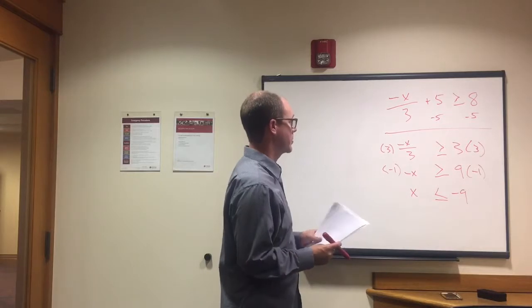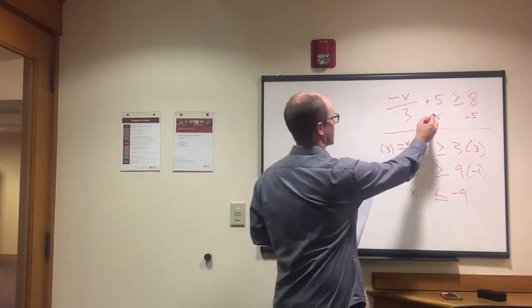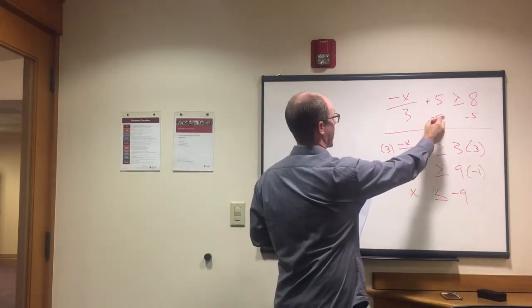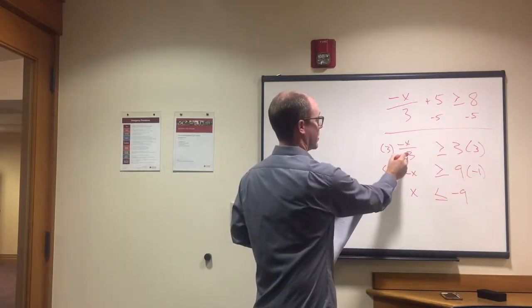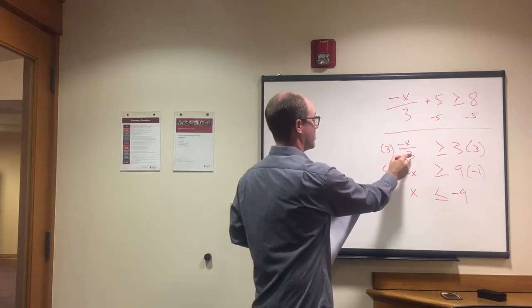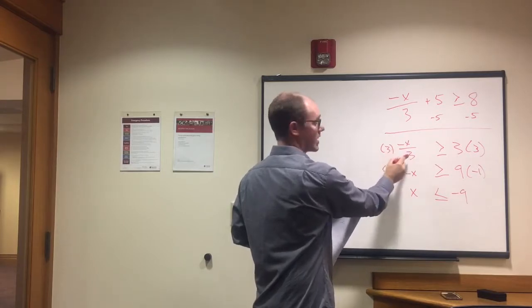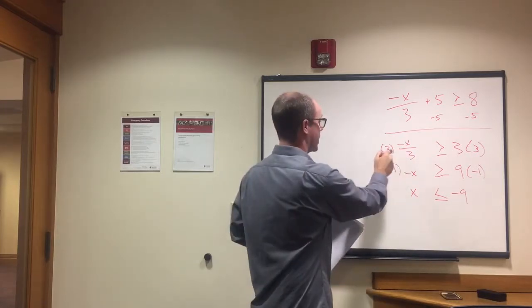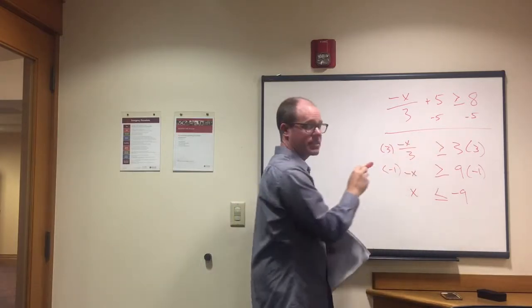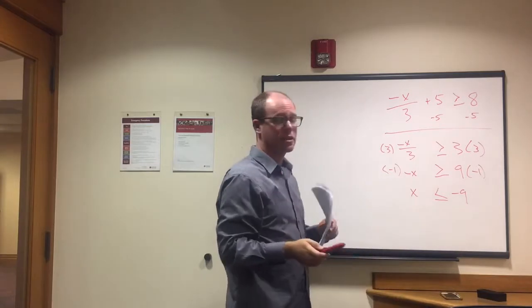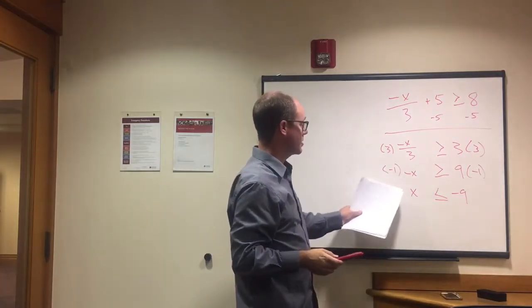So the big things to remember: we started off, get x by itself, so we have to subtract 5 from both sides. Then with this denominator, to get rid of that, we have to multiply by whatever number this was, which in this case was 3. Multiply by 3 on both sides, that gets rid of that. Then with this negative x, multiply by -1, that makes it positive.